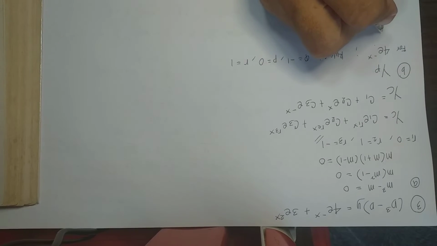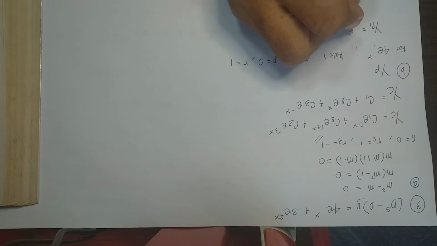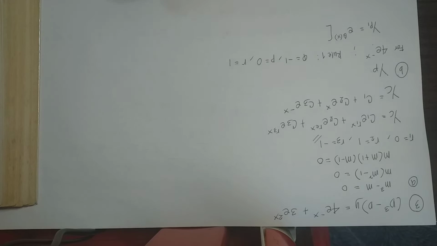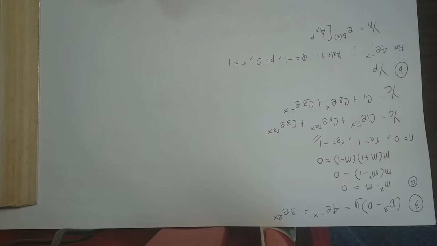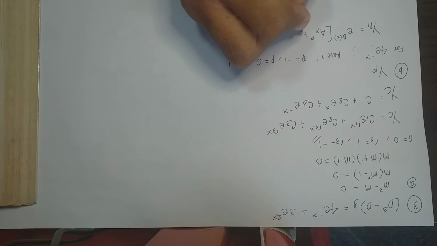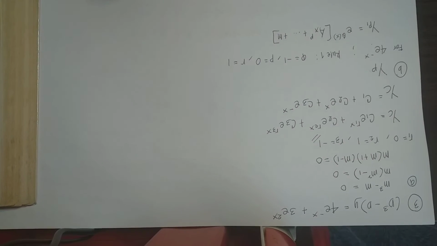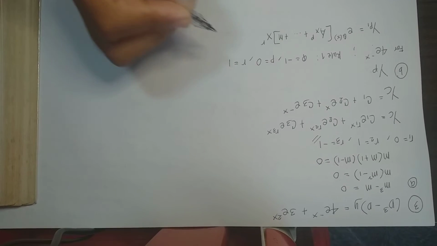So what is yp sub 1 therefore? So yp sub 1 is equal to e to the qx times a x raised to p up to m, okay, x raised to r.